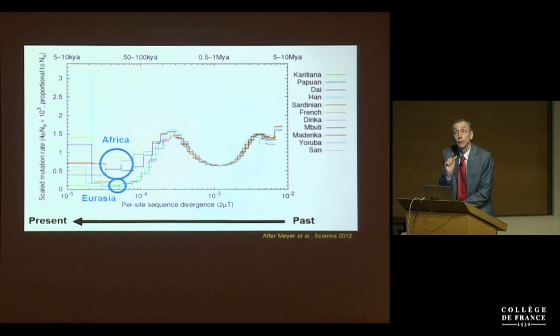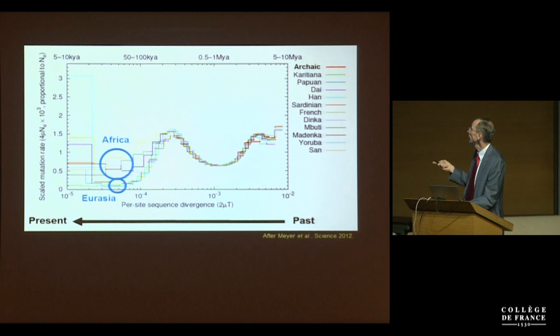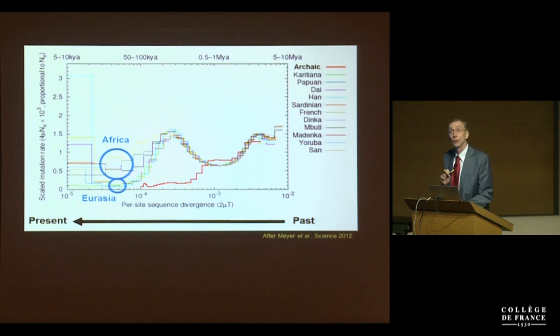And now we can, for the first time, look at one of these archaic individuals, this Neanderthal individual, and follow its population history. It seems to share this reduction. Then if anything it is higher in size and then goes down and becomes extinct. So this individual has a very, very different population history in its past compared to anybody that lives today.